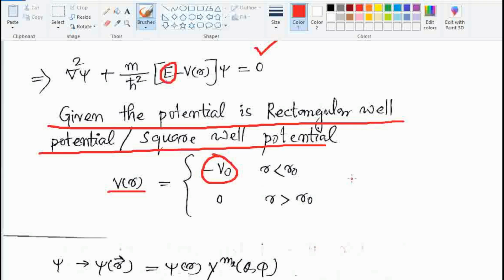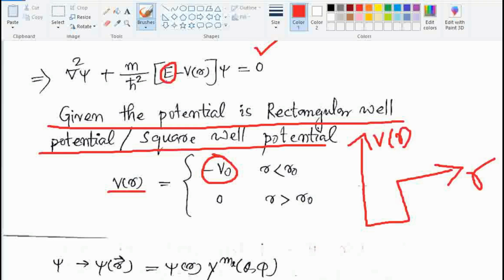So there are two regions. This is the rectangular potential well. This is the potential here, and this is the radius. This point is 0, and this is the range B. This point is B, and I am taking here R naught. You just put B. This R naught and B are the same.